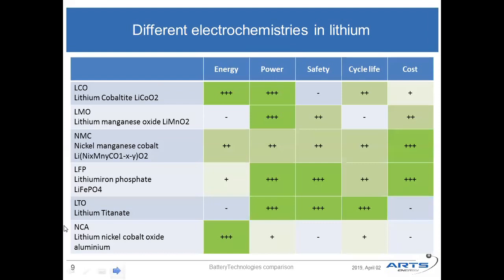What is important to note is that, depending on the power, safety and cycle life, the best compromise is NMC technology as a lithium, because you will have quite good performance on all items. But the safest of all of them is really the iron phosphate, where safety is key, because this technology is more stable than the others, so you do not have the same aggressivity of the cell.